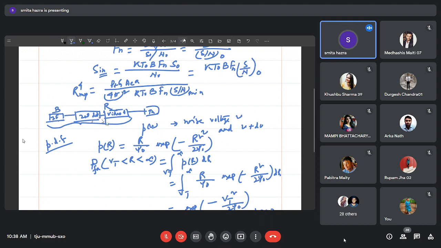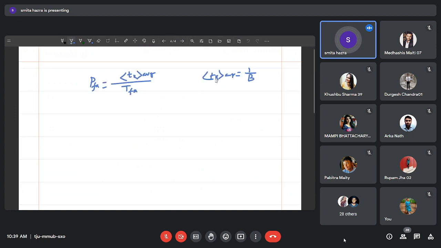Clear? So when we are considering this Tk, what is this Tk? This Tk is the time duration when the signal is above the threshold. So this T is nothing but the inverse of the processed B. So instead of these things, we can consider this as 1 by B into TFA.